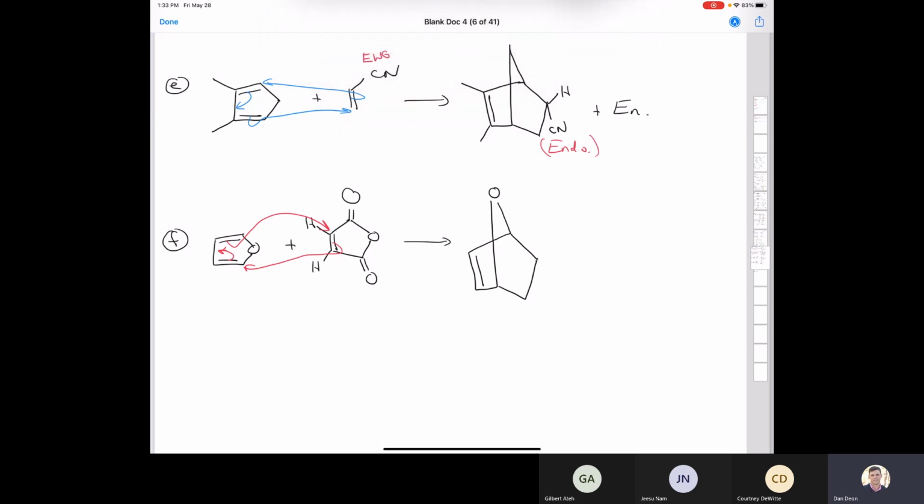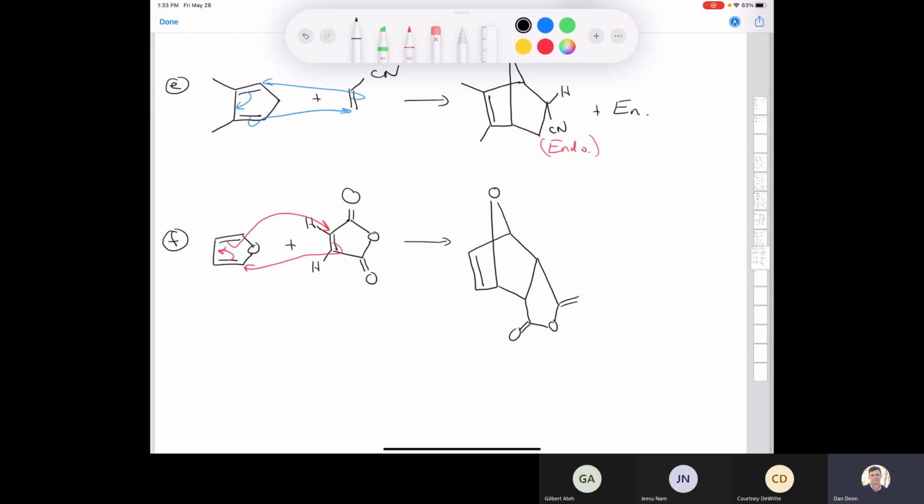So if I try to make it a little prettier, and again, if you look at the textbook, it's even prettier than what I draw. So there you go. It's going to look something like this, where we have our 5-membered ring, and everything is pointing down like this. And if you want to point out that the hydrogens are pointing up like this, no problem, right? So again, since this whole group here is syn to the larger bridge, this is the endo product.